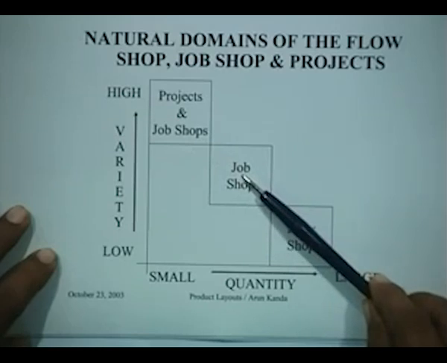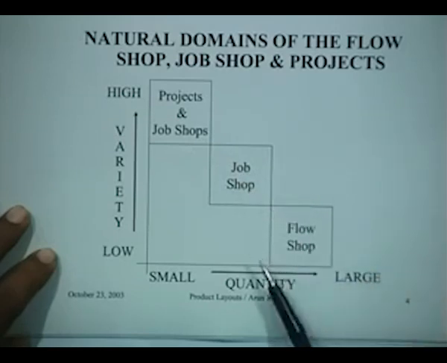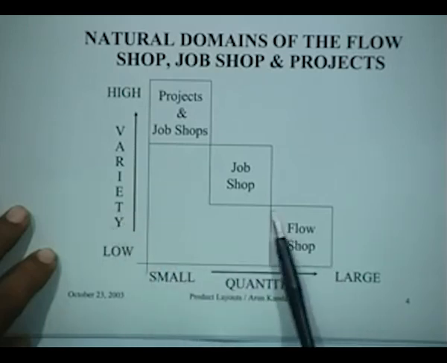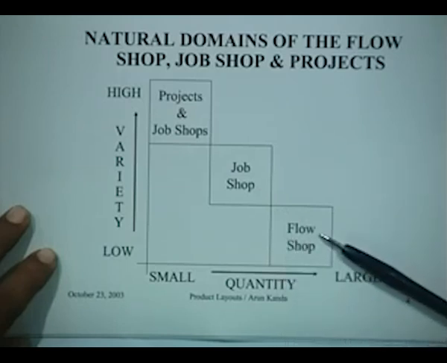So whatever we studied in layout planning was actually applicable to the job shops at this particular end of the spectrum here. On the other hand, if we have a situation where the quantities are large and the variety of the product is relatively low, we come to a domain that is naturally suited for a flow shop or an assembly line or mass production, in that sense, where we are basically performing the same set of operations repetitively without much change.